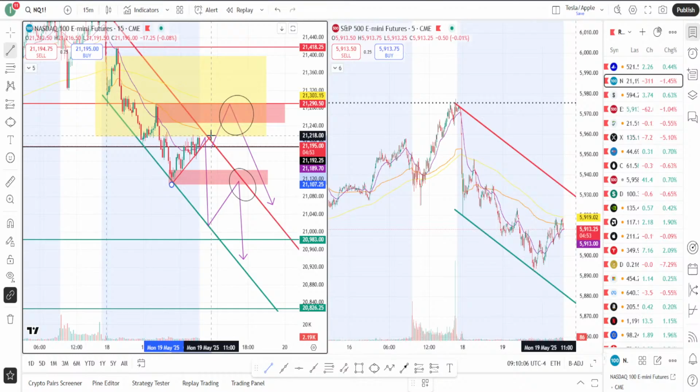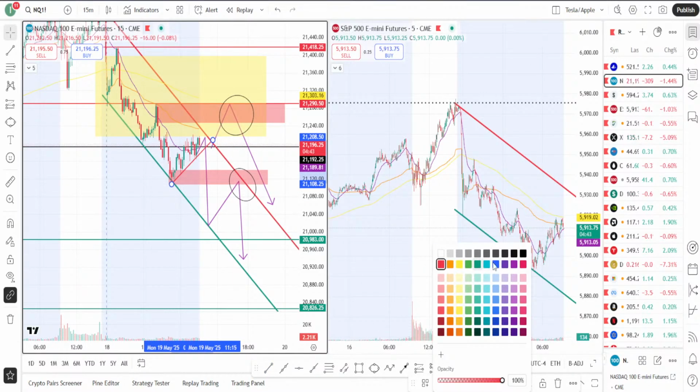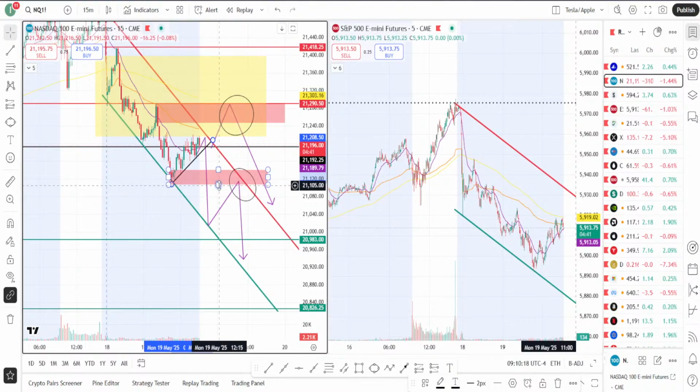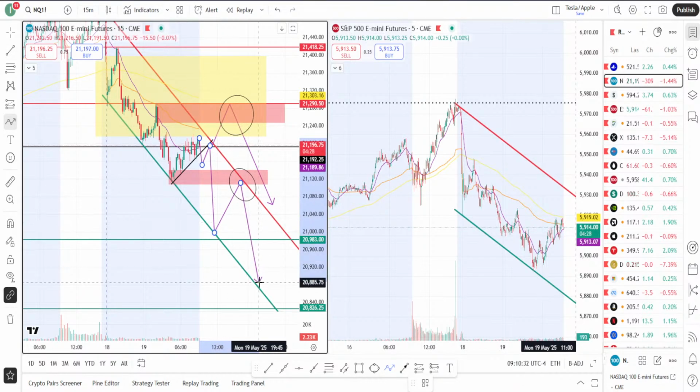So the first thing we should do, we could catch this move down here, but we have to wait for this support to break. We have to wait for that support to break, and then we have to find a lower high, something like this. The support to break, a pullback and a retest, something like that.